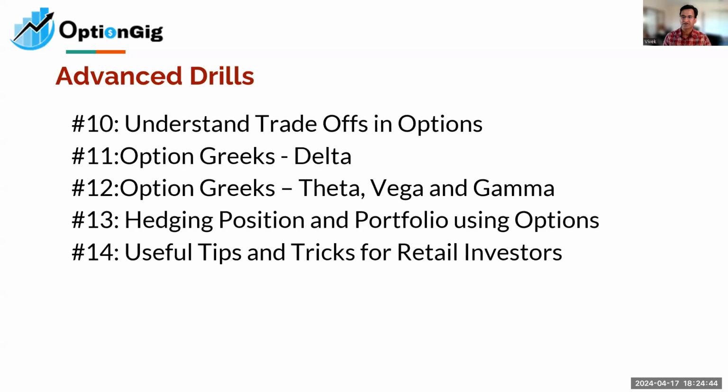I'm not going to get into the second order Greeks, just the first order ones. Then the 13th will be how to use options for hedging, just like professionals use, like hedge fund managers and prop firms, hedging your portfolio. Delta hedging, that's what it's called.